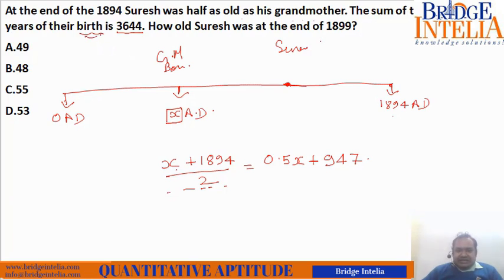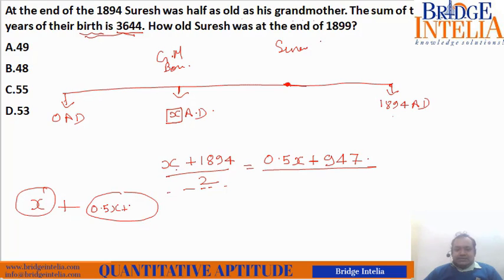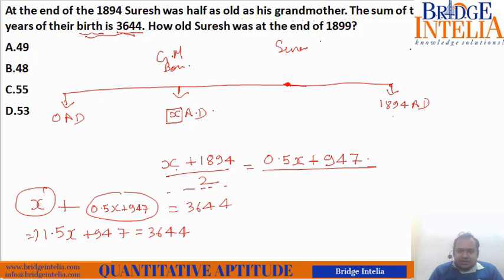So the sum of their years of birth, that means X plus 0.5x plus 947, is given to be equal to 3644. So let's solve this. 1.5x plus 947 is equal to 3644. If you solve this, x comes out to be 1798.